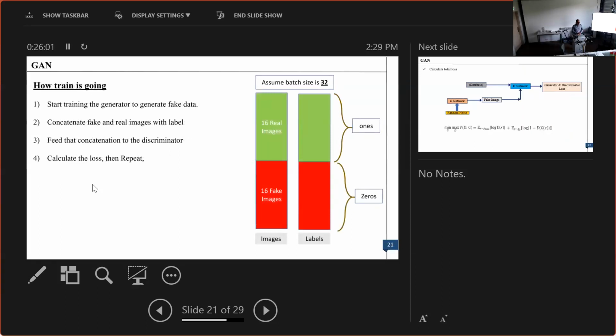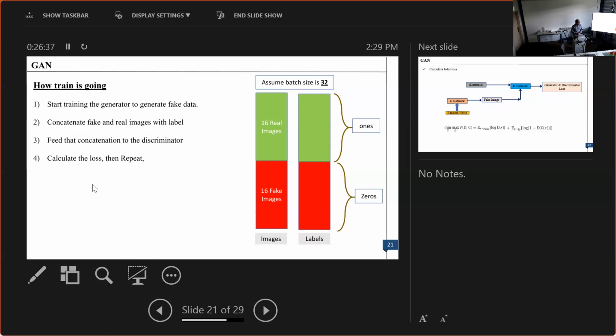So here, as I mentioned, we should start with the generator to generate fake data. For example, if the batch size is 32, we can generate 16 fake images and concatenate them with 16 real images, and feed those images to the discriminator.